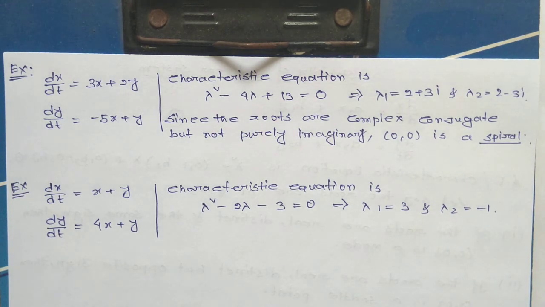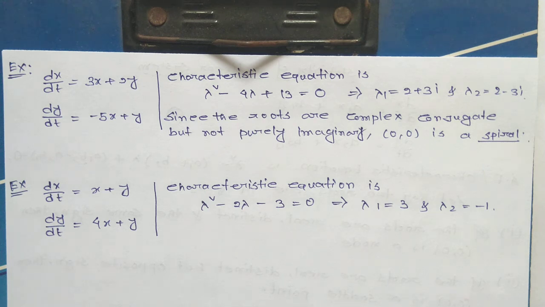Here the roots are real distinct but of opposite sign, so (0,0) is a saddle point.